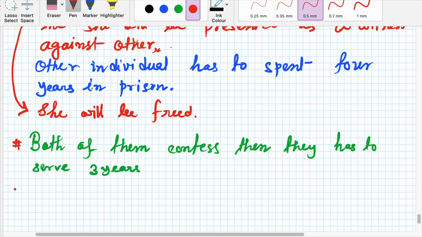And if no one confesses, since they are convicted of a very small crime, they will get punished for 1 year.